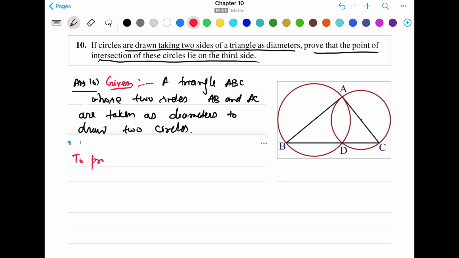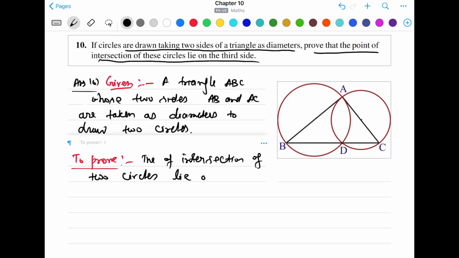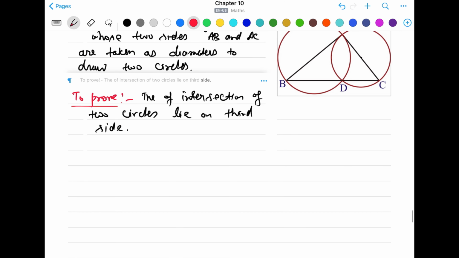What we have to prove is that the point of intersection of the two circles lies on the third side.